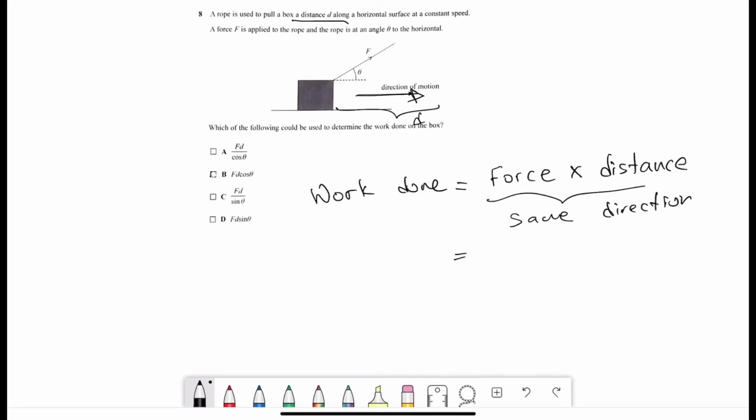Therefore, we have to find the force acting in the direction of motion. So we have to decompose F in this horizontal direction. So we get F cos theta. Therefore, we can have F cos theta times d. So the work done should be Fd cos theta, and the answer should be B.